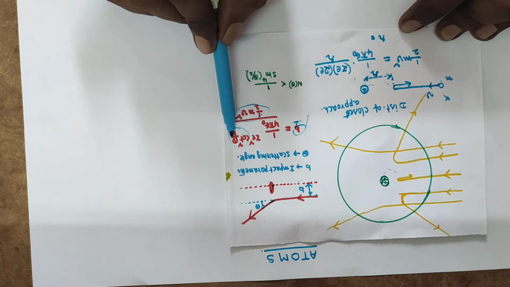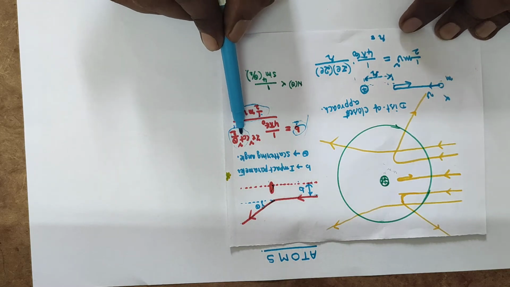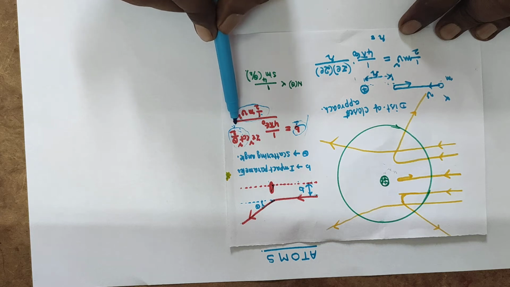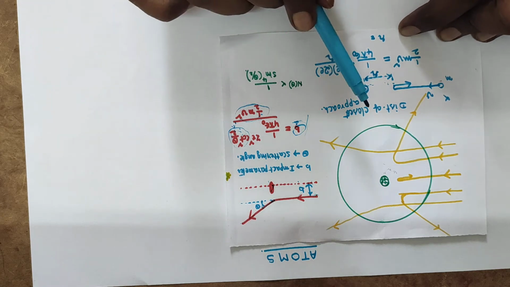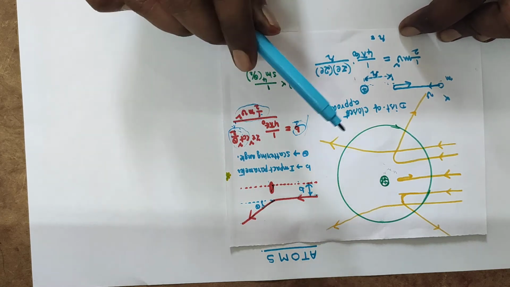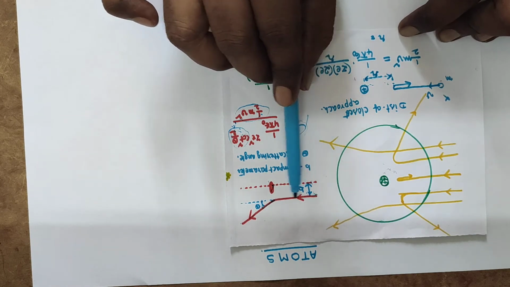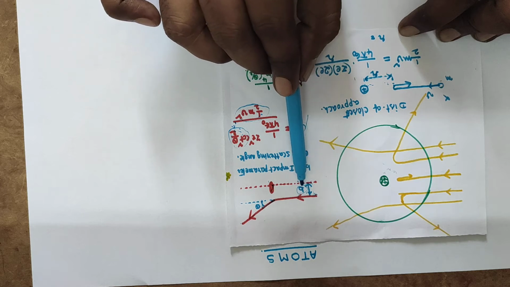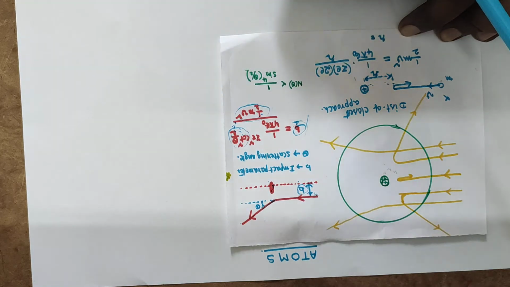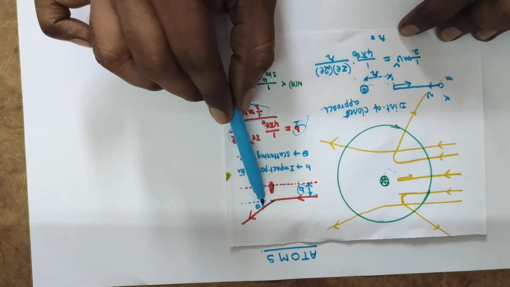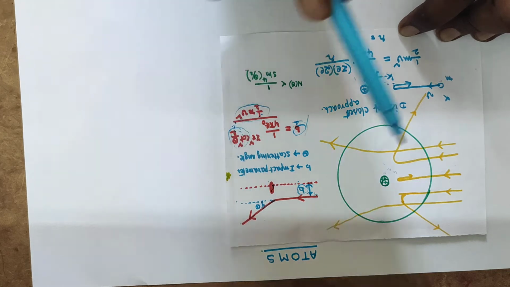Then cot theta by 2 also decreases. As cot theta by 2 decreases, the theta value increases. That means for alpha particles having less impact parameter b, they will have more scattering angle.